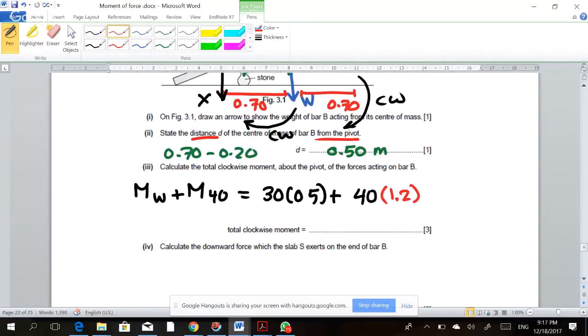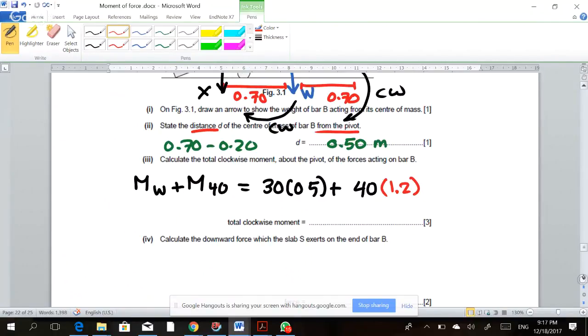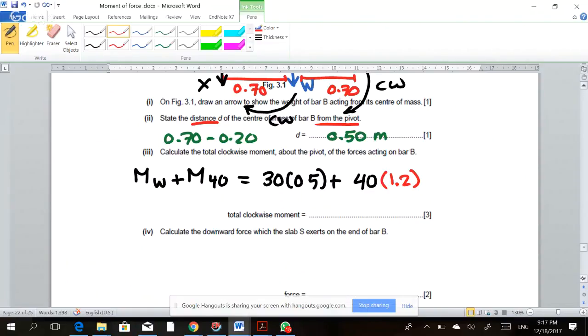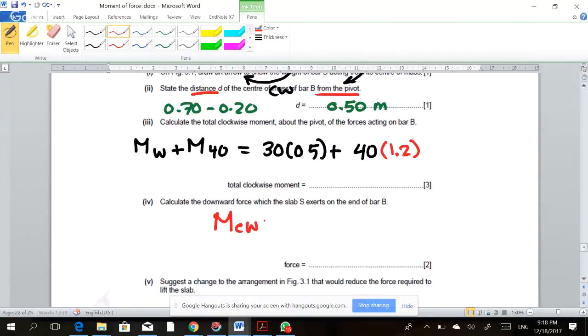This is the total clockwise moments, and we have two forces that have a clockwise moment. The force which the slab S exerts on the end of the bar. Now you know that clockwise moment equals anti-clockwise moment.